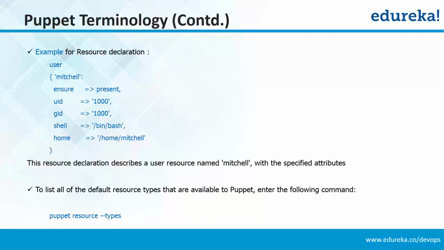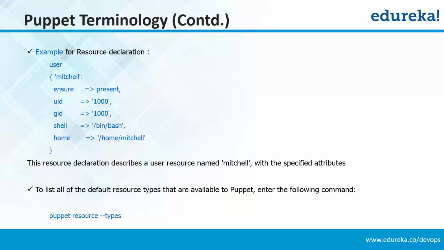Make sure that his user ID is set to 1000, his group ID is 1000, his shell is set to /bin/bash, and his home directory is set to /home/mission. You can specify whatever you want. So tomorrow, if you wanted another user to be created, fantastic. You can just say user Sridhar, followed by whatever attributes you want.